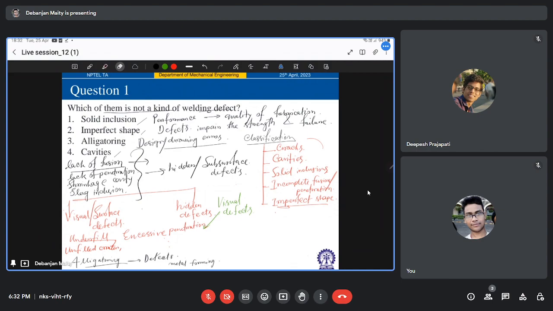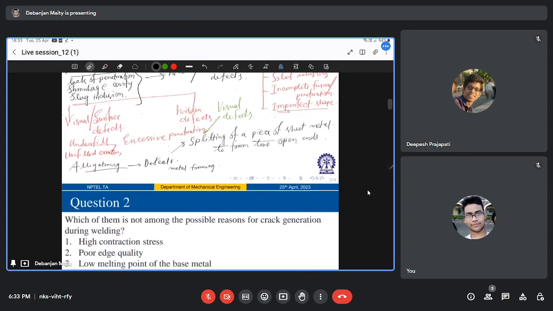This is basically some splitting of a piece of sheet metal to form two open ends. So this is what is called alligator.